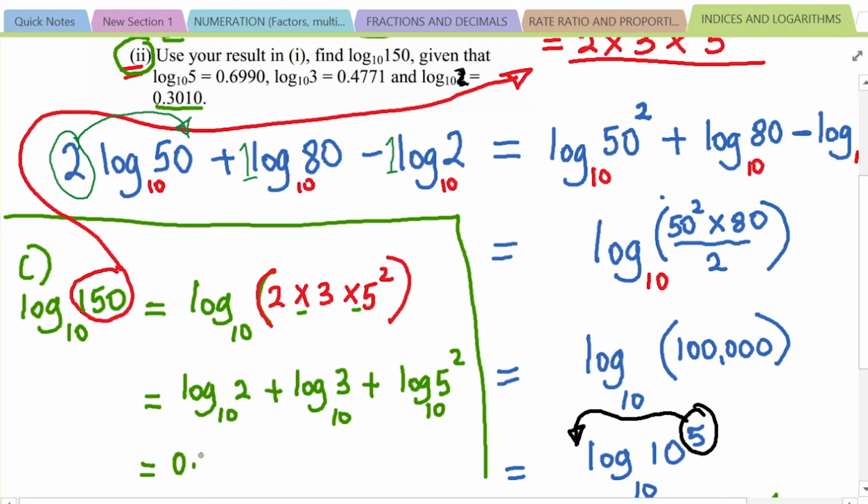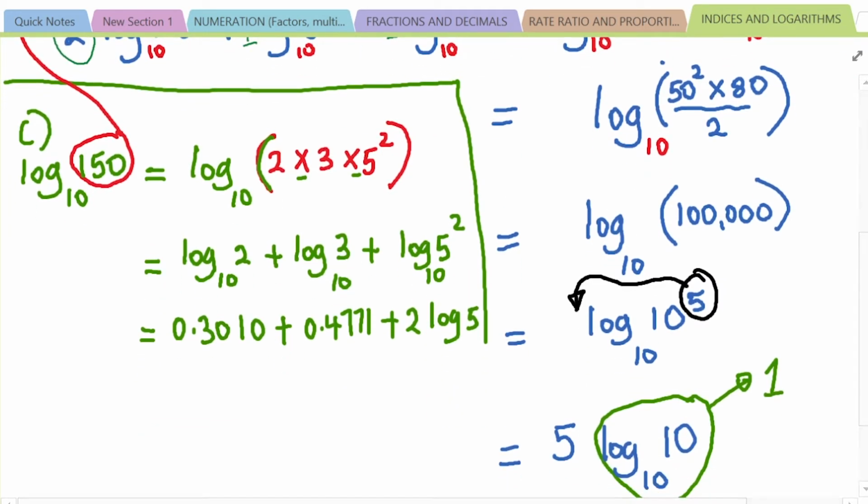So that is 0.3010 plus log of 3 base 10, which is 0.4771, plus log of 5 squared, which is the same as 2 log 5. This 2 came from up here, where this is 5 squared, so that 2 came down there. That's why it's 2 log 5.